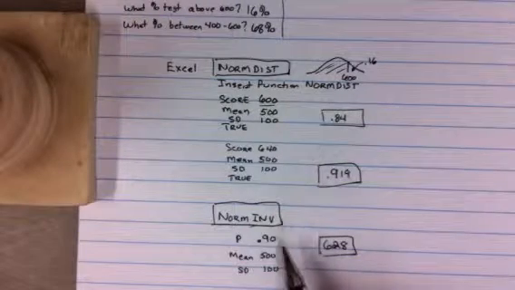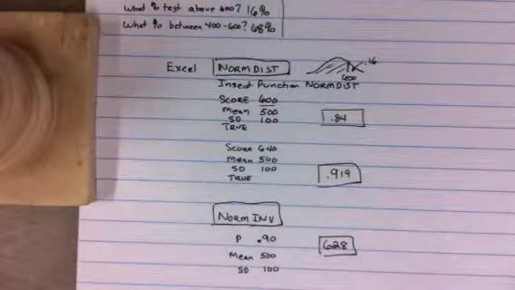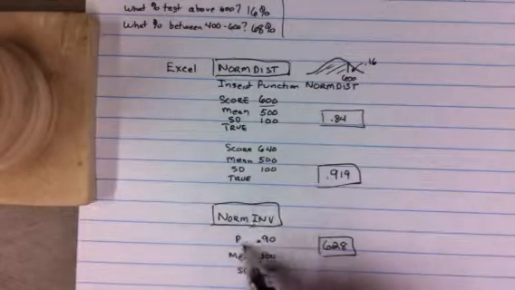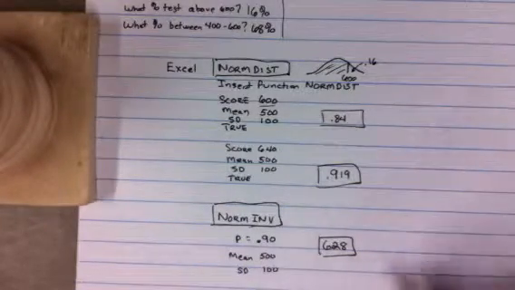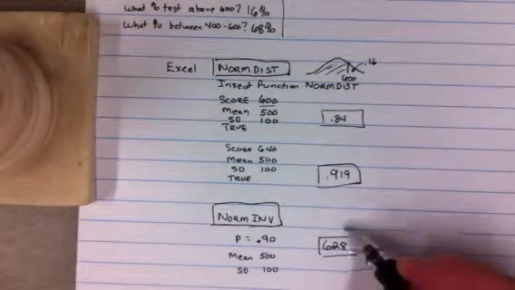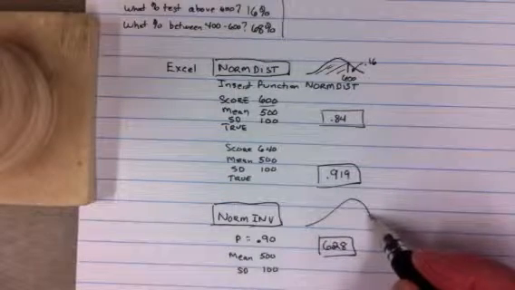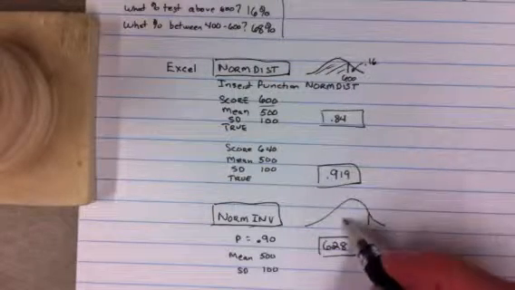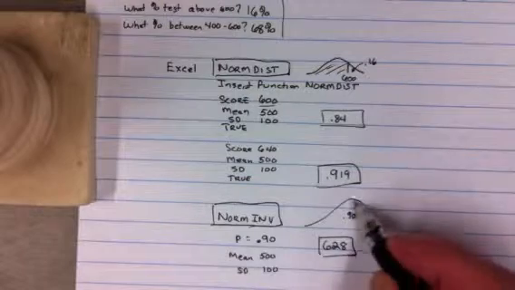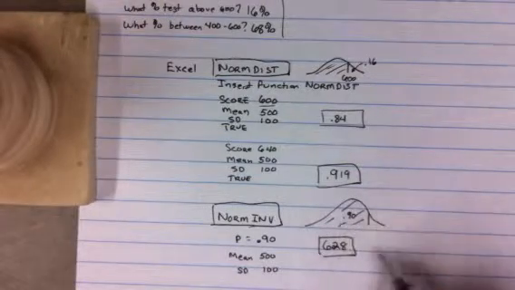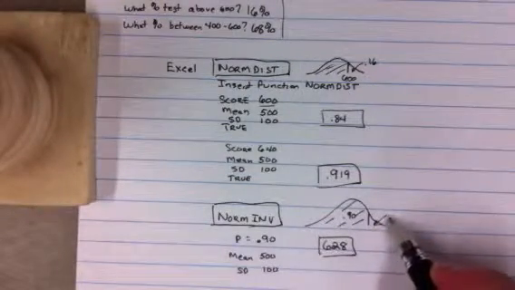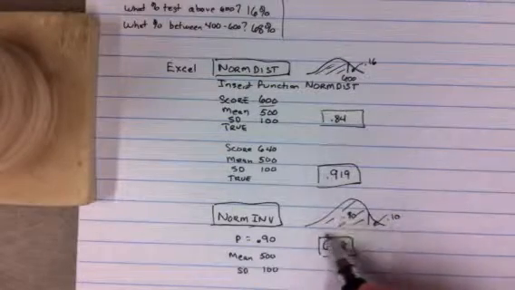Okay, and the same thing is true down here. The only difference here is I actually put in the percent or the probability. So I want to find the cutoff for the top 10%. In other words, I want the lower 90% because the top 10% is right here, so the rest of them are down here.